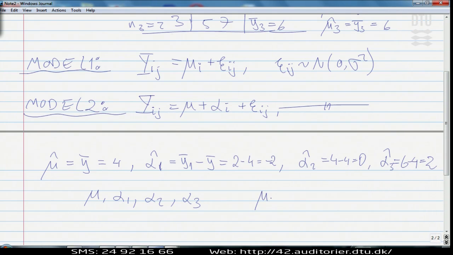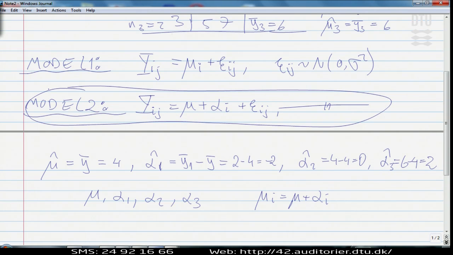Of course, mu i corresponds to mu plus alpha i. So why are we looking at this more complicated and somewhat ridiculous way of expressing 4 things when there are really only 3? Why not stick to the 3 specification?